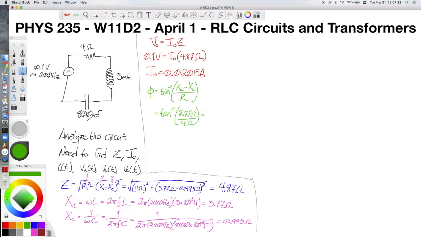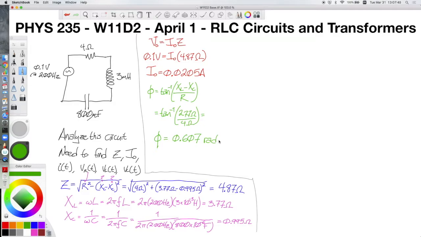And we get a value for phi that is 0.607. And note that this is in units of radians. I put my calculator in radians for this calculation, and it's expected that all of these values inside our sine and cosine functions are in radians.